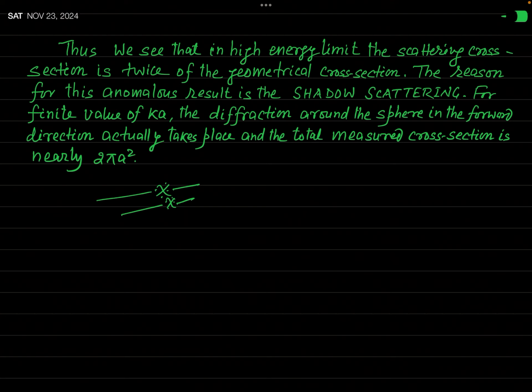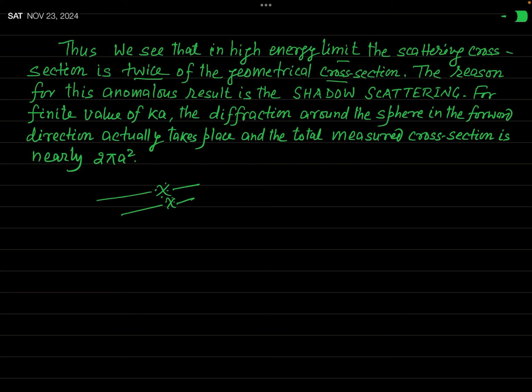But why does this result come like this? You can see I have mentioned it here. Thus we see that in the high energy limit, the scattering cross section is twice the geometrical cross section. Again you can say that pi A square is the geometrical cross section, but here the observed value of the scattering cross section is 2 pi A square, so it is 2 times the geometrical cross section. Why is this result like this?